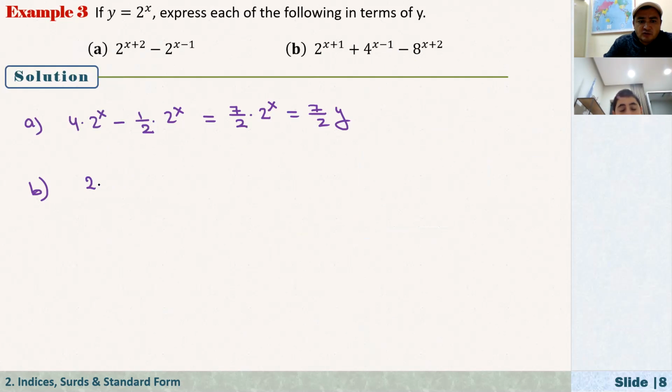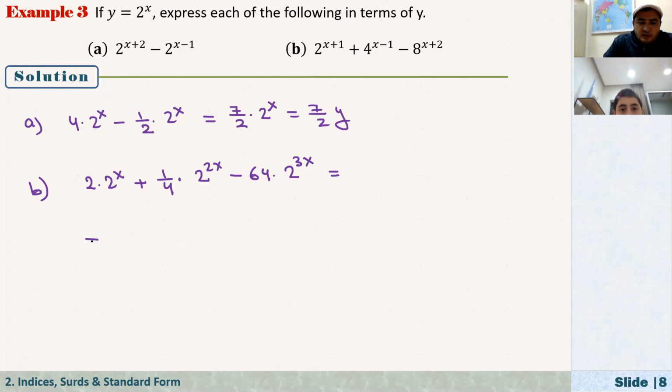I can write it as 2 times 2 to the power of x plus, and here we have 4 to the power of minus 1, which is equal to 1 over 4 times 2 to the power of x, right? Minus, how about here, 8 squared, that is 64, times 2 to the power of 3x.